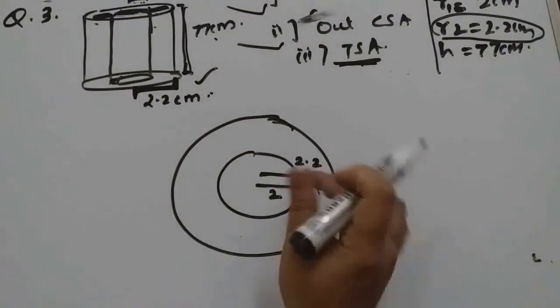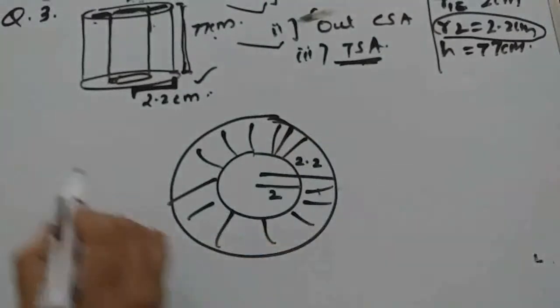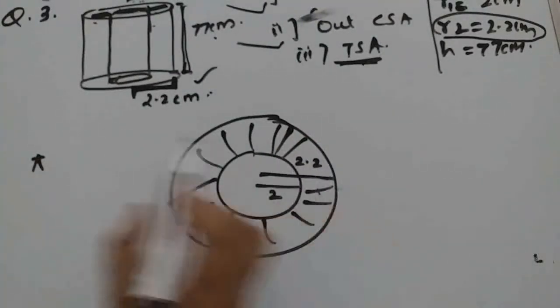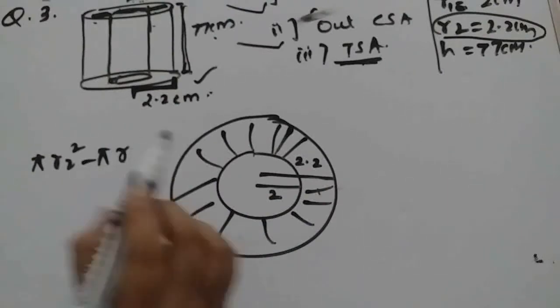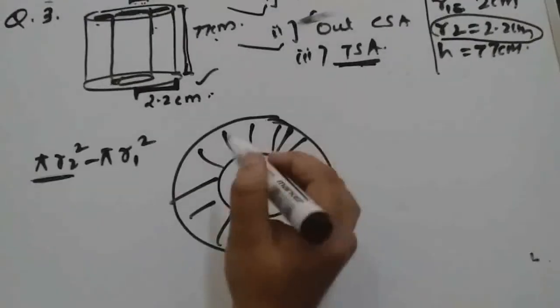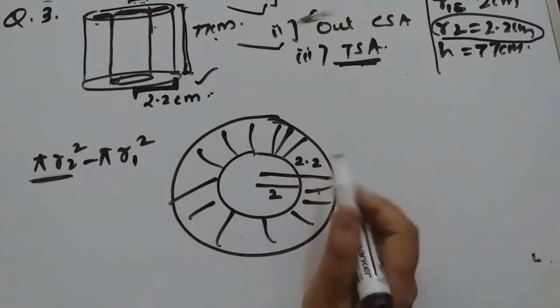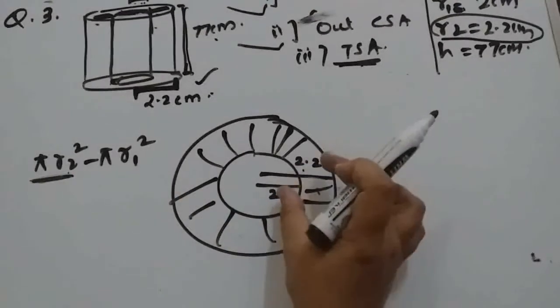So to find this area, what we can do? Pi r2 square minus pi r1 square. Okay, pi r2 square means area of circle. So two circles are there, one with 2.2 centimeter radius, then another one with 2 centimeter.